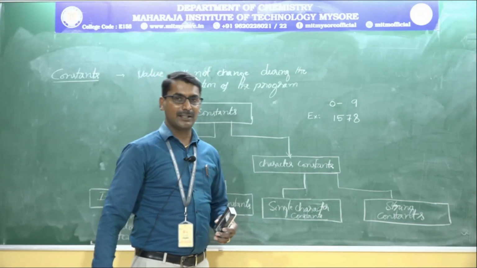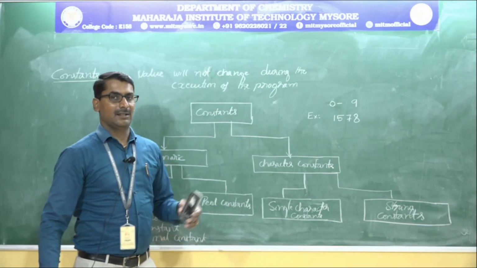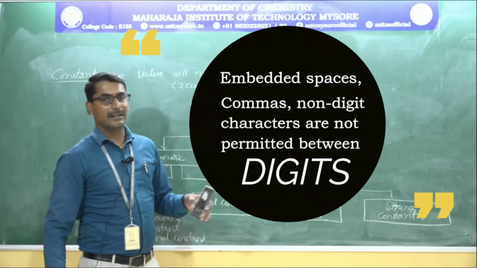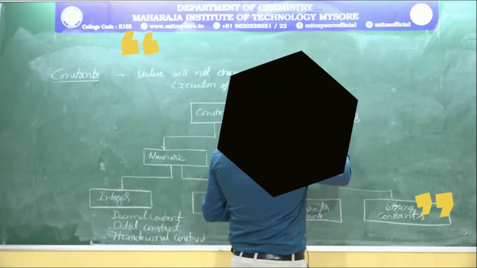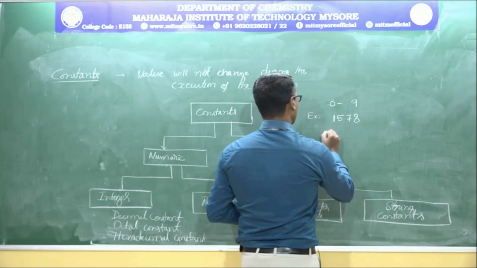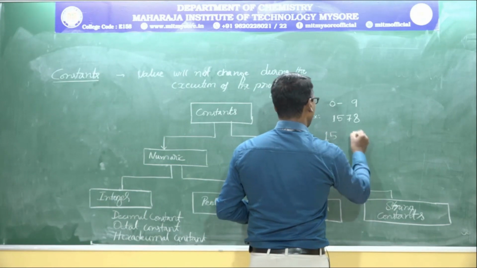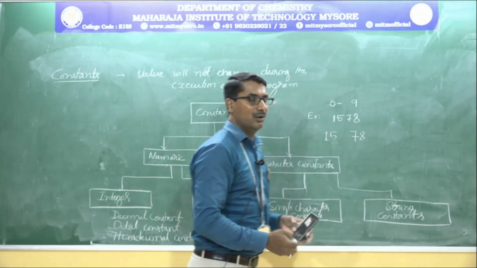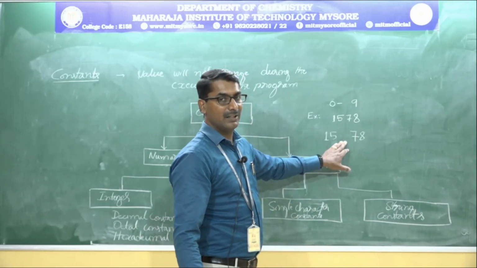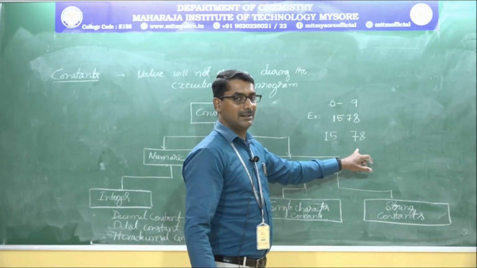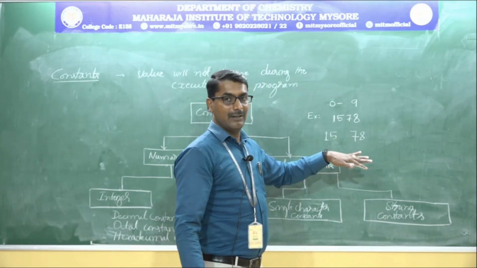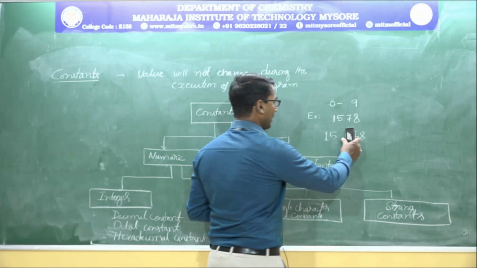When we write decimal constants, space, comma and other symbols are not allowed between the digits. For example, 15 space 78 is not allowed, because that is 15 and 78, not 1578. Similarly, 15 comma 78 is not allowed.